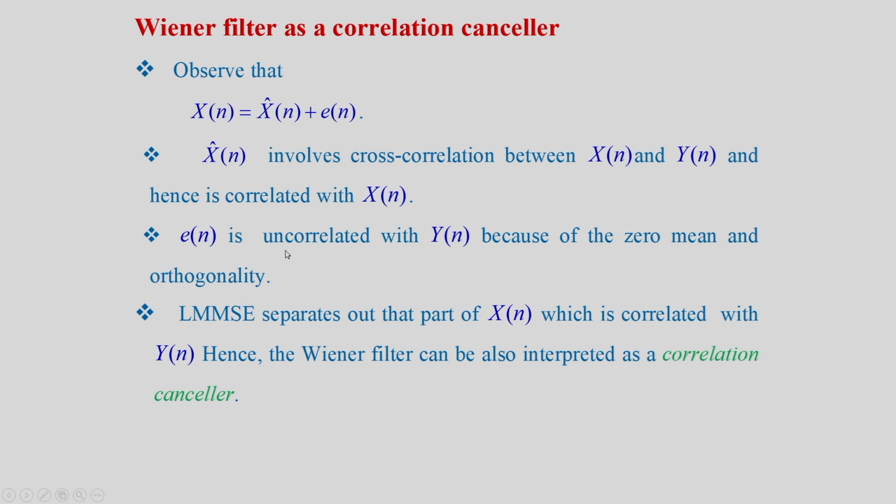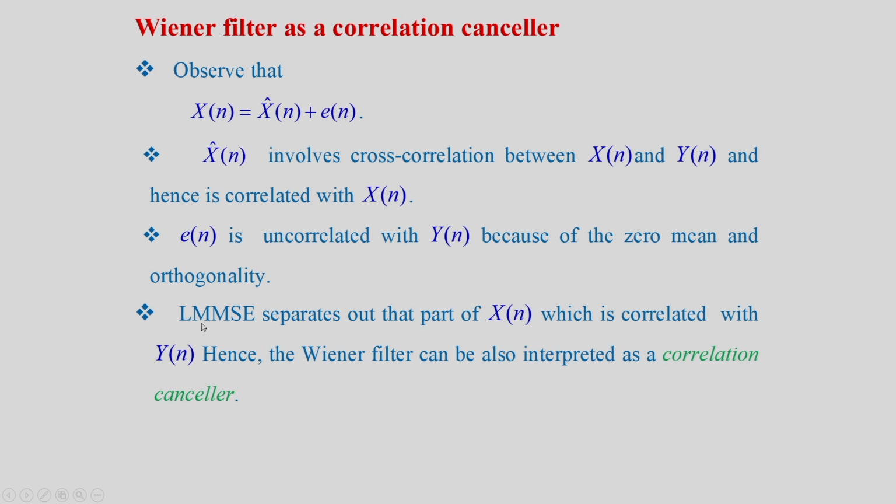We know that e n is orthogonal to y n, but y n is 0 mean and consequently e n is also 0 mean. Therefore, orthogonal and 0 mean means that e n is uncorrelated with y n. So, this is very important, that e n is uncorrelated with y n.